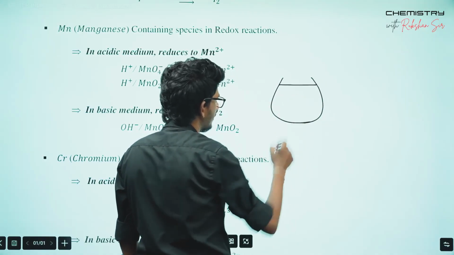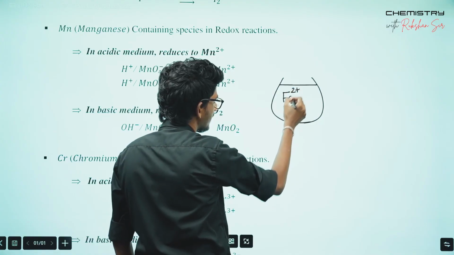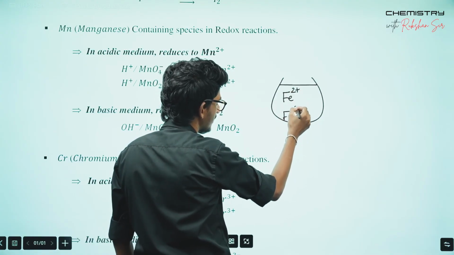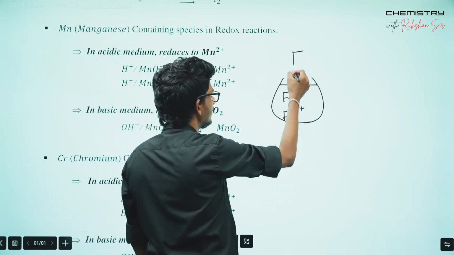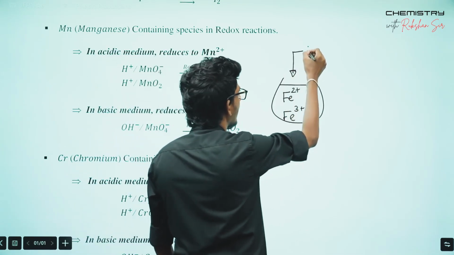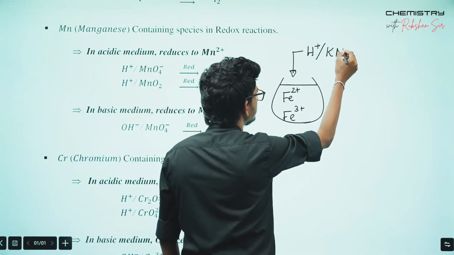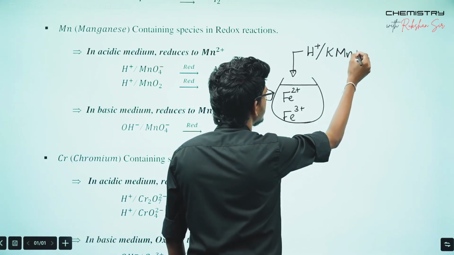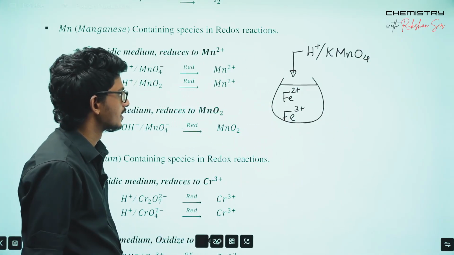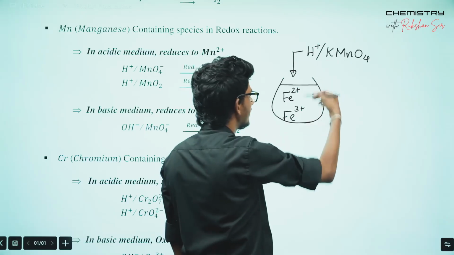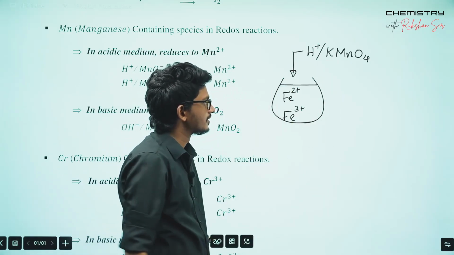Let's come up with the first example. We had Fe2+ and Fe3+ in our flask, and what we have done was add KMnO4 in acidic medium. Let's try to come up with the reactions here.